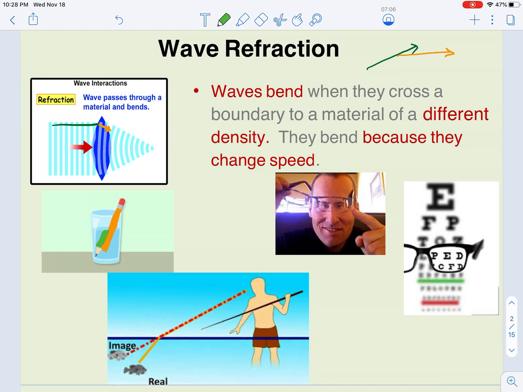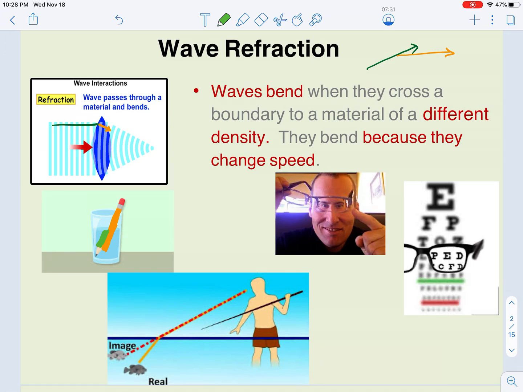The picture of the man holding his glasses I just found kind of comical. This is a lens that is curved, and we're going to get into more detail on that in our lens lesson. But the light is going to bend, number one, because it's entering a different medium, so the wave speed is going to change.